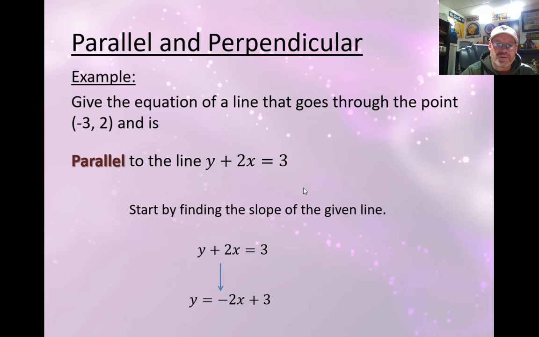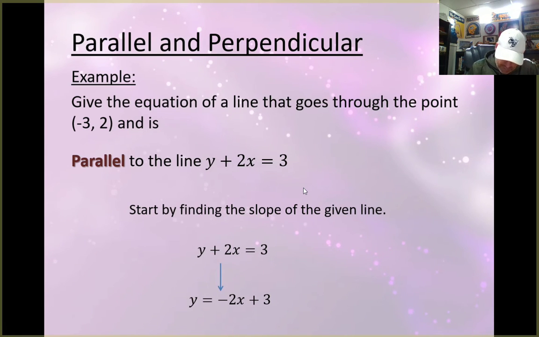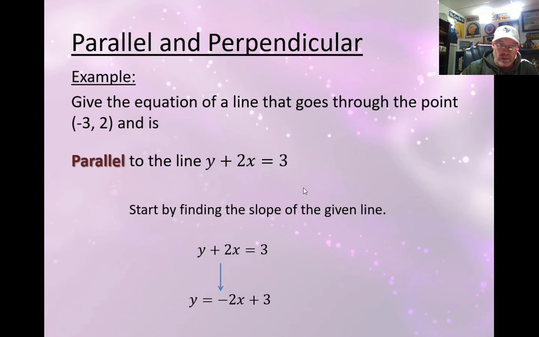So I know my slope is -2, and then I have everything that I need to come up with the equation of the line. I have a point, and I have that slope, and I plug them into the point slope form. Yes, the slope is -2.